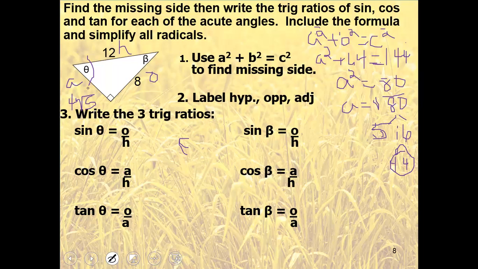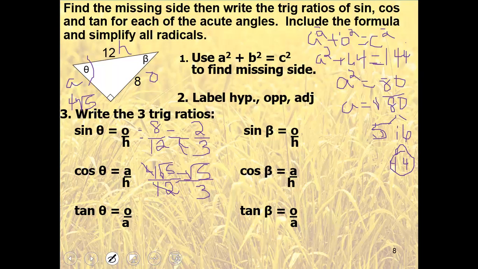This angle here is opposite over hypotenuse. So I get 8 over 12, which reduces to 2/3. The cosine of theta is adjacent, 4 square roots of 5, over the hypotenuse. And then I can cancel here and I get the square root of 5 over 3.